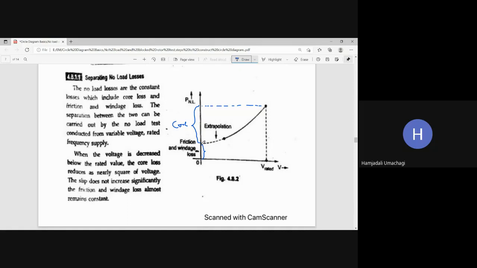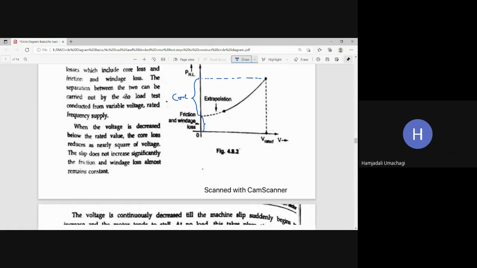Wherever it touches the y-axis, the portion from this point to this point will be the friction and windage losses, that is the mechanical loss, and the rest will be the iron or core losses. So altogether core plus friction and windage loss is the fixed loss, which is given by 2 wattmeters, that is W naught equal to W1 plus W2. So this is how we separate the fixed losses.